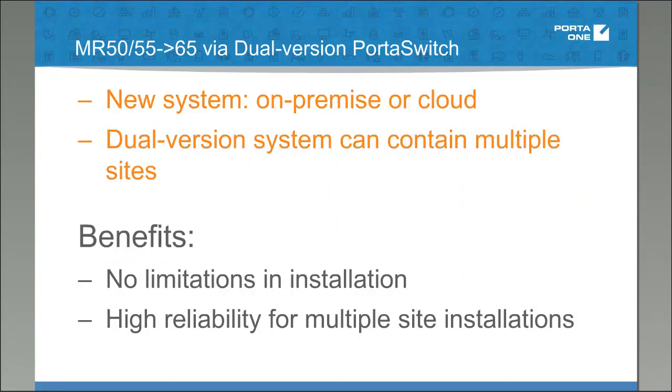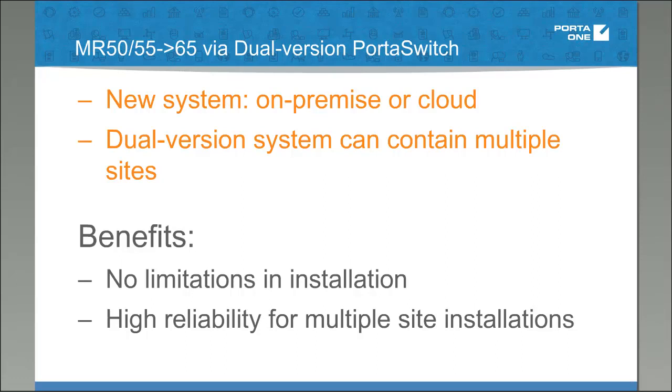So the other question that may arise is where the new installation can be set up. This actually is based on your preferences. A MR65 alter ego system can be set up in the same data center that is currently used for your existing system. It can be set up in the different data center or in cloud.